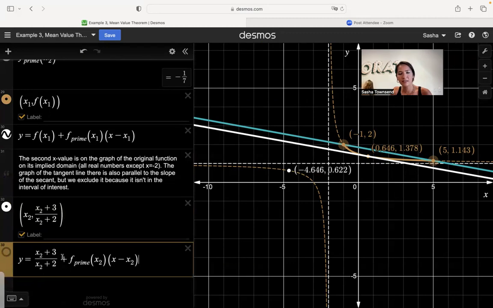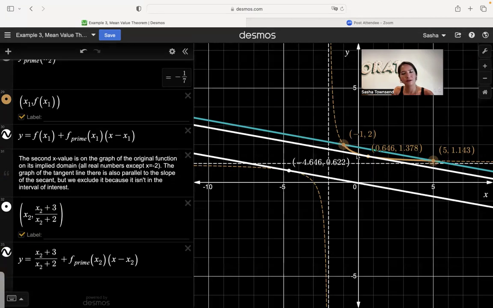If there were a tangent line there, if that were on our interval of interest, it would be y equals the y value there plus the derivative at that x value times the quantity x minus that x value. And see, that tangent line is also parallel to the secant line. So this is not the solution we're looking for because it's not on the interval of interest. But it is another point where the derivative is equal to what we wanted it to be.